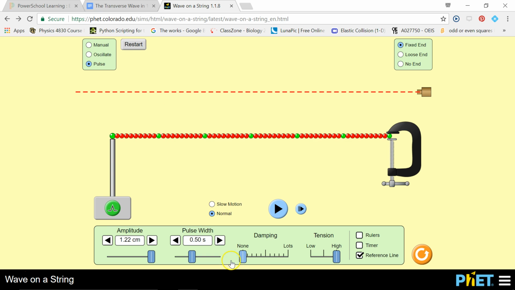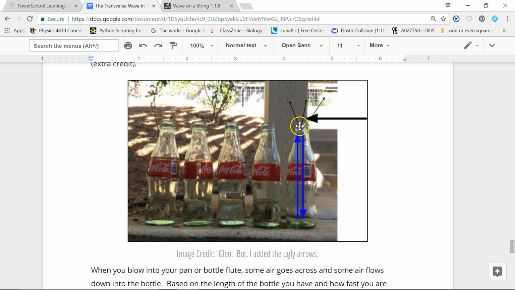Notice that this reflects back at this point. Hit restart. It reflects, it reflects. So to set up a standing wave here, we have to have some sort of reflection. As Glenn keeps blowing, the air moving across forms something that some of the air will bounce back to, and it will bounce back here. The part that is the standing wave will get amplified.